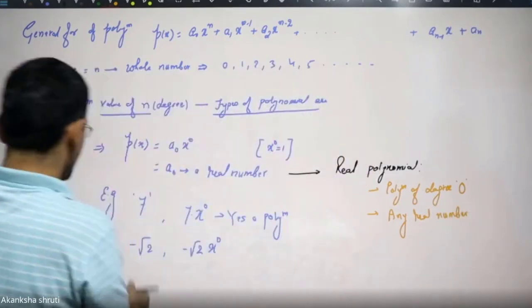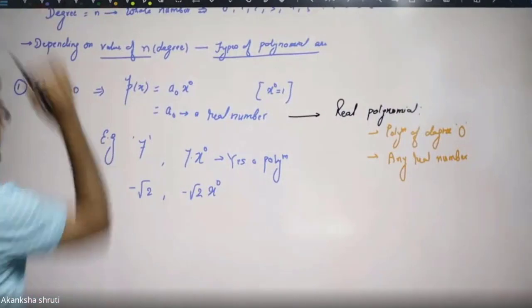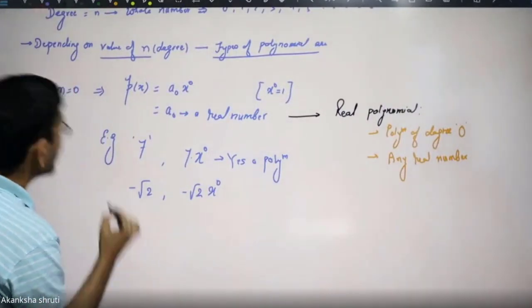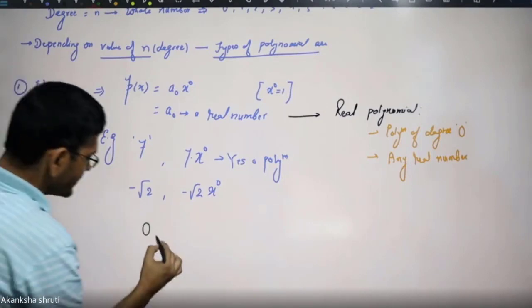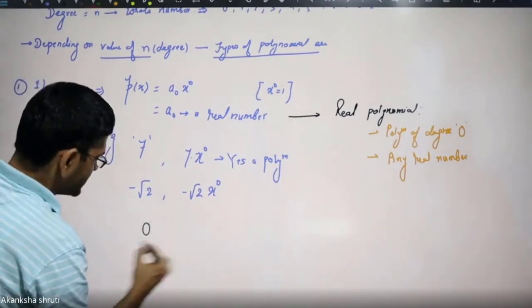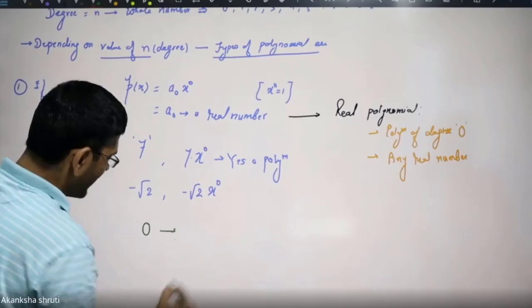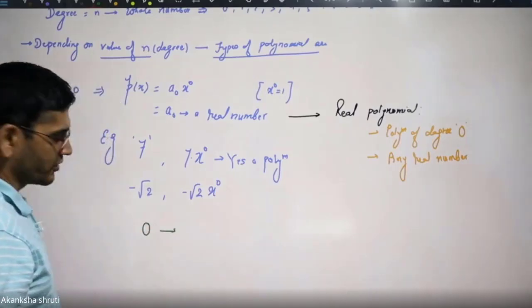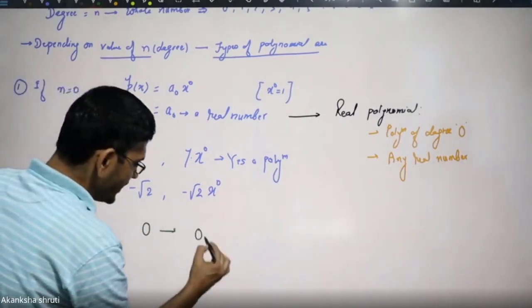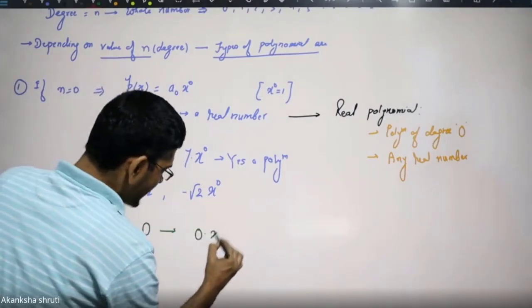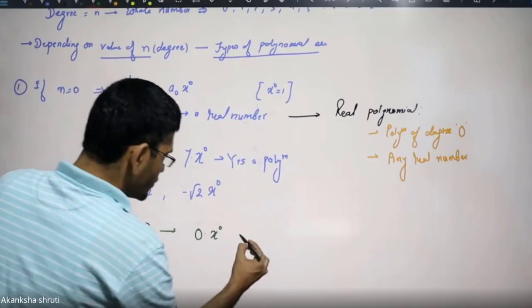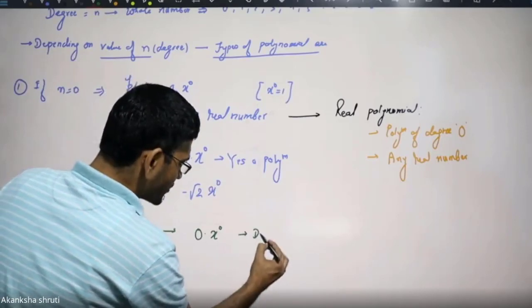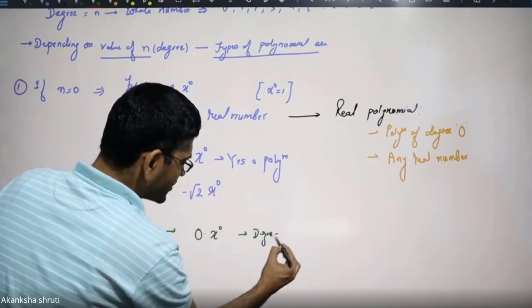Now the question is whether 0 is possible or not. So if we are taking say 0, yes, this can be written. So what will be the degree for this 0? Student, it simply means 0 multiplied by x to the power 0 is also possible, because x to the power 0 is 1. You can say at that time the degree is 0.